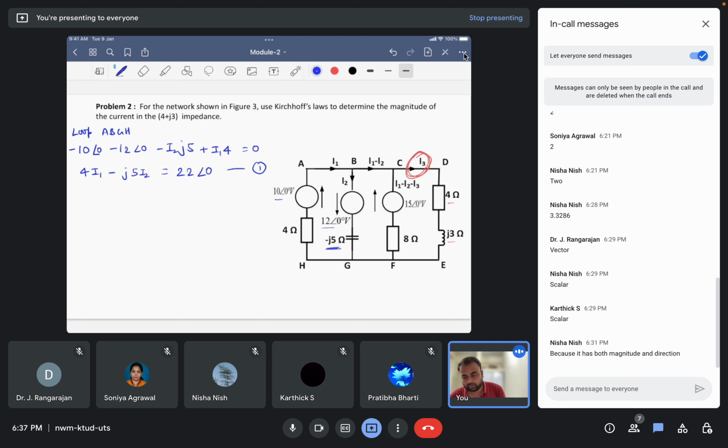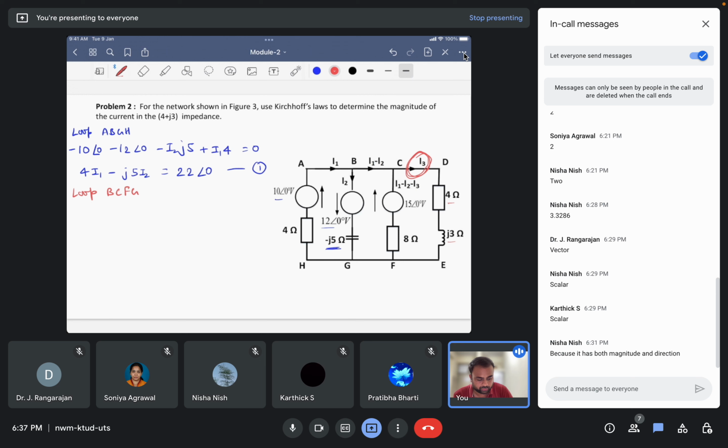Similarly for the next loop, that is BCFG, you have to write the equation again. Let us first write the source terms. The direction of current you have to follow.